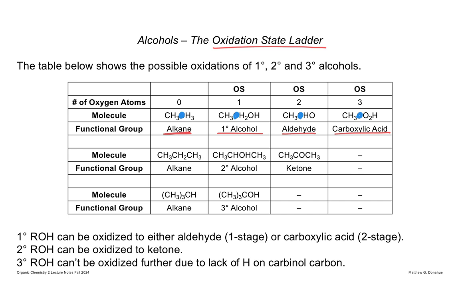Now, if we look at a carbon in the middle, so we have propane, we can go to a secondary alcohol, and then that gets oxidized up to a ketone, and it can't go any further.